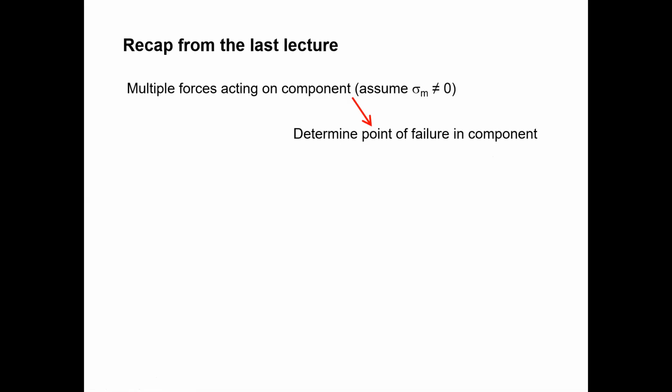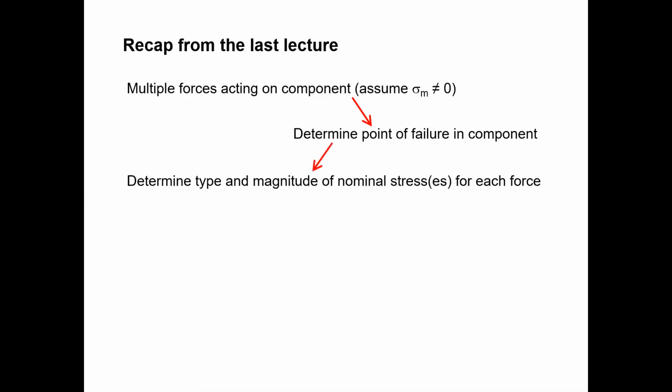So determine the failure point, the weakest point, then determine the type and magnitude of nominal stresses for each force. You need to find the stress value as a magnitude, and the direction as well.